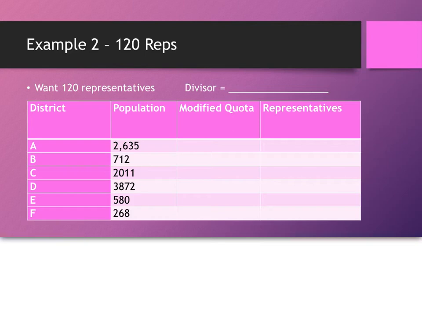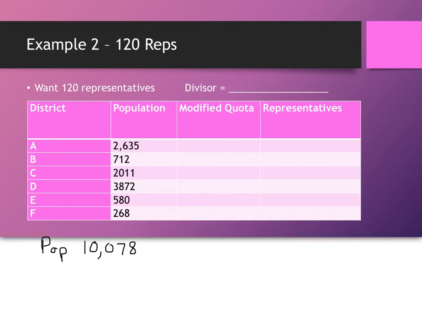So what I want you to do is take the same example as far as the districts go. So the population of these districts is still altogether 10,078. Now if we want 120 representatives this time, right, we divide that by 120.